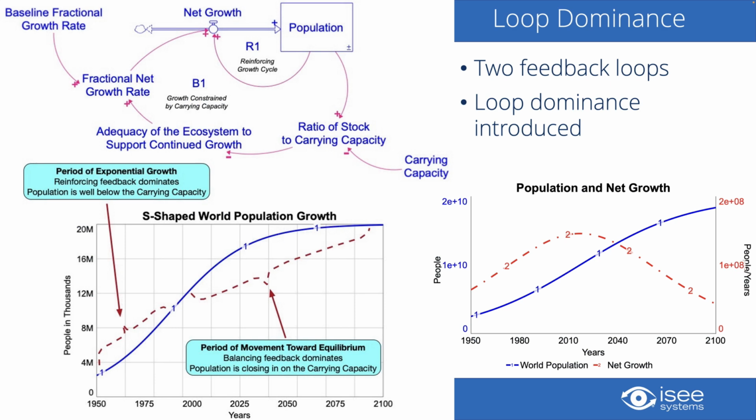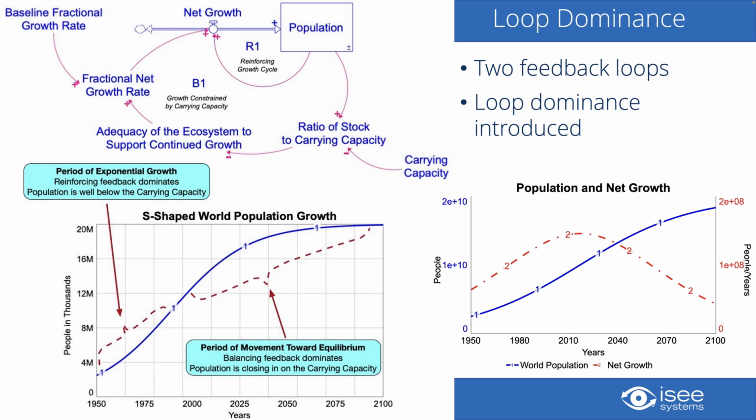When we're here, we also get to shift over and start talking about loop dominance. I think this is a hard concept for a lot of the students to grasp. But we want to emphasize that if you're looking at only part of the system, you're only seeing part of the story. Some people could be right during certain points in time and other people would seem to be wrong, but as this plays out, it's going to shift.